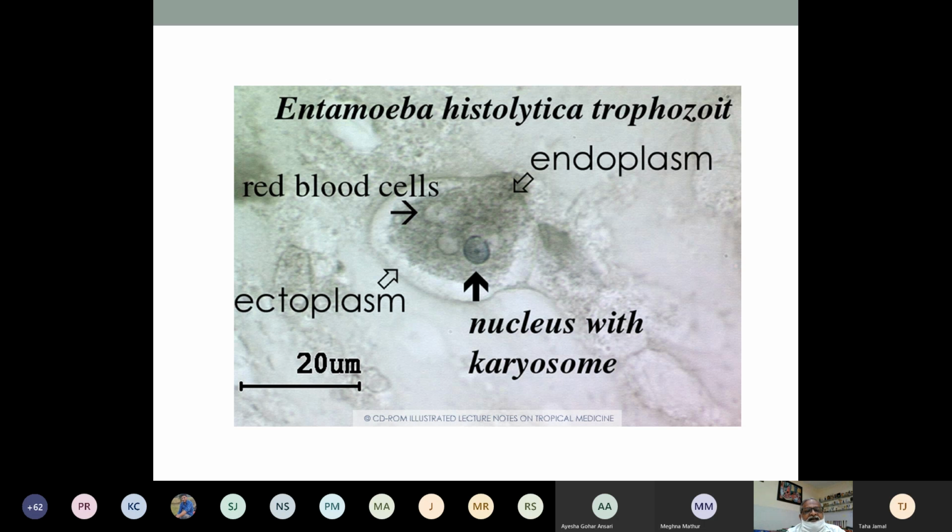Microscopic diagram of Entamoeba histolytica trophozoite showing endoplasm, red blood cells, ectoplasm or capsule and nucleus with karyosome.